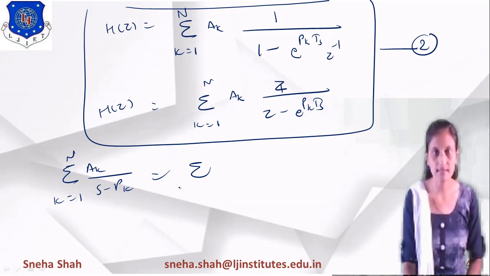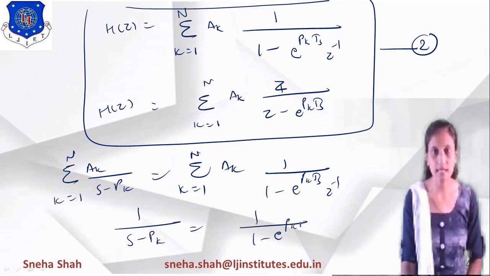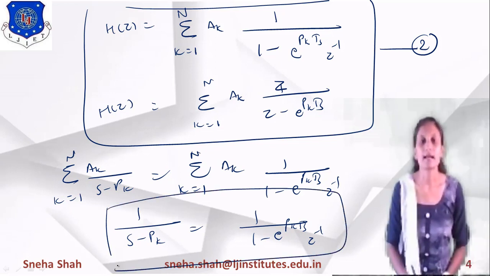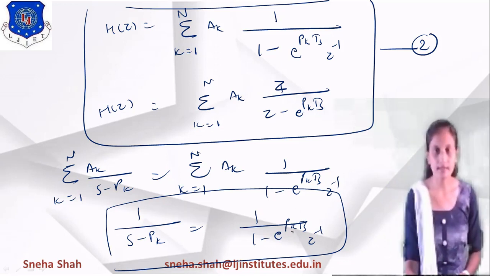Suppose I am writing this equation as summation k equals 1 to n ak into 1 upon 1 minus e raised to pk ds z raised to minus 1. So from this you can see that if I represent this as ak into 1 upon s minus pk, this term will remain the same on both sides. So after equating these two terms, I can say that 1 upon s minus pk equals 1 upon 1 minus e raised to pk ds z raised to minus 1.